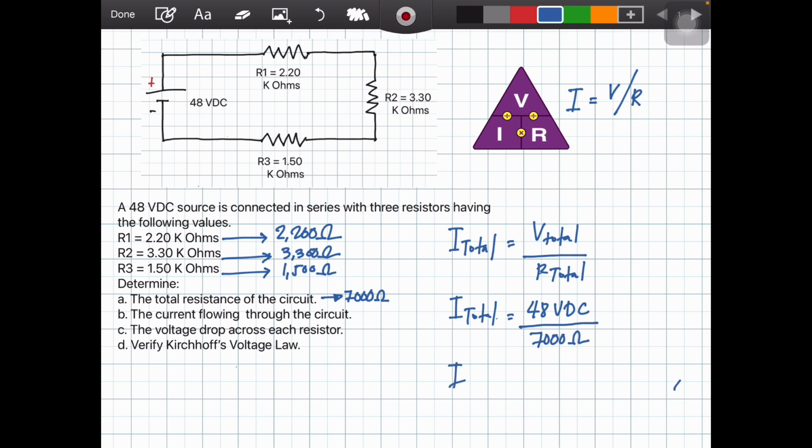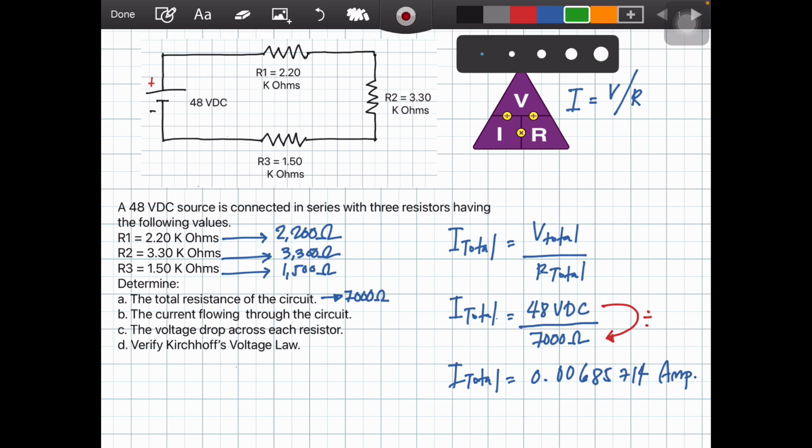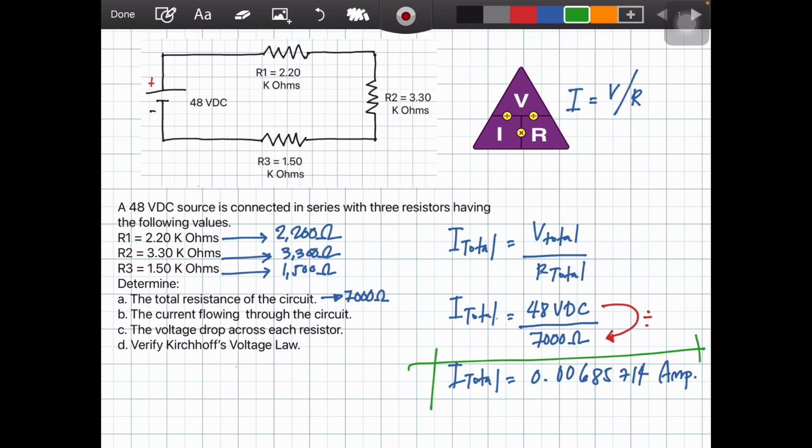We divide these two. When we divide 48 volts DC by 7,000 ohms, we get 0.0068574 amperes. That's quite long. So now we have the total current.